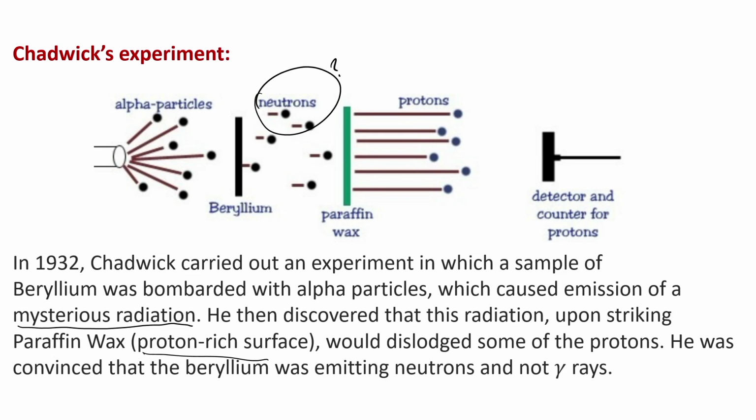He was convinced soon afterwards that this beryllium was emitting neutrons, as he called them, the neutron term was already available, but he was convinced that they are not gamma rays. They are new particles, which would solve this mystery of what is actually the constituent of the nucleus. So, we are categorically covering what was initially thought and how those mysteries were resolved in order to arrive at the correct picture that we are familiar with now.